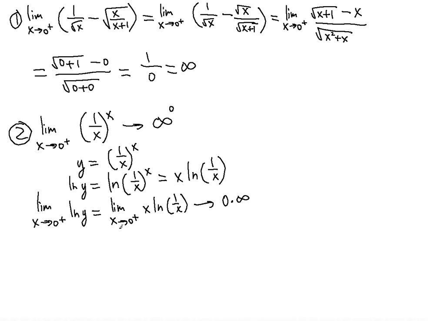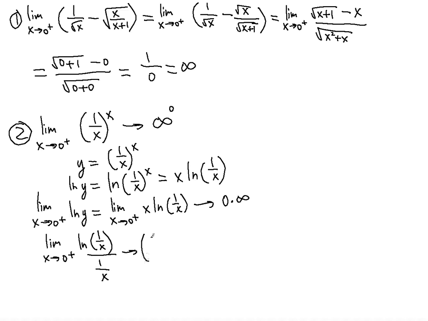So we're going to have to write the limit as ln of 1 over x divided by 1 over x, right? Because that makes sense. That's the equivalent. Okay, and then if you try to evaluate it here, you will also fail because ln of infinity is infinity, and 1 over 0 is infinity as well, right?